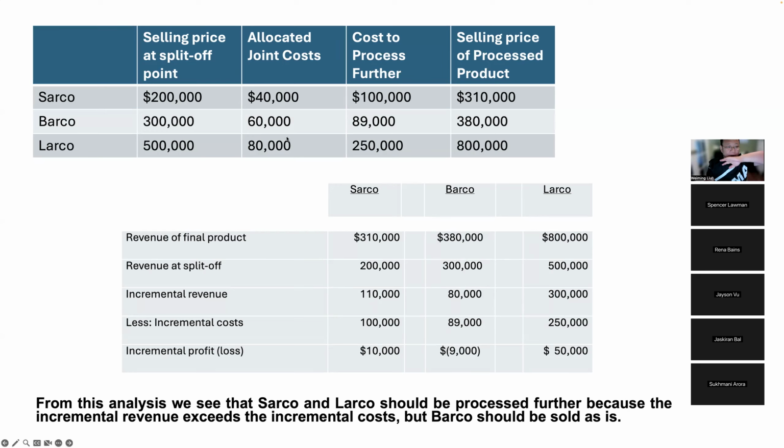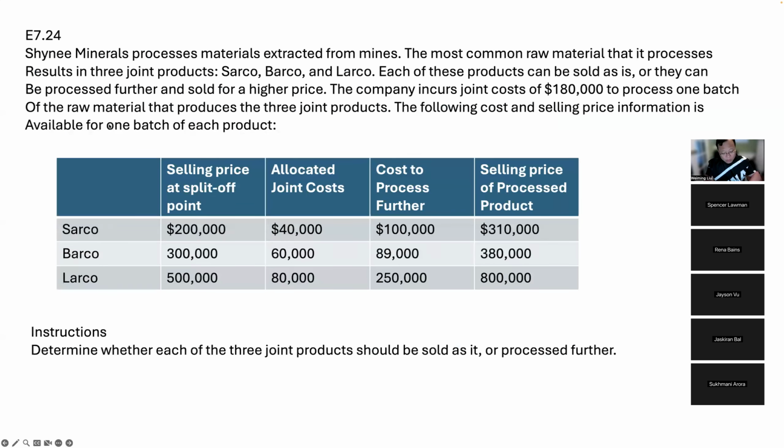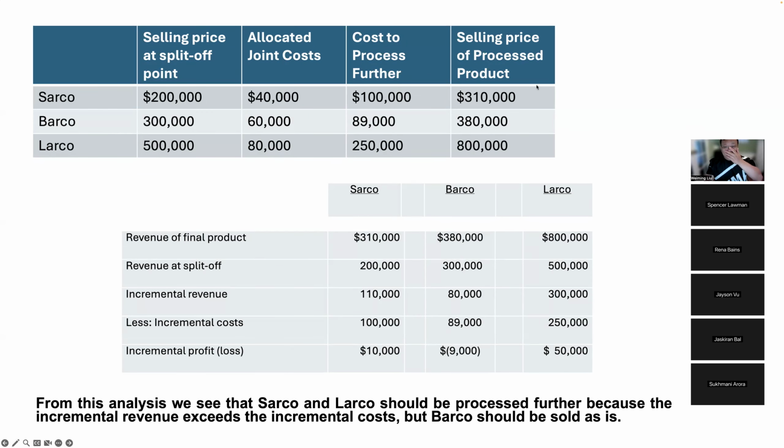For example, Starco, the price of the processed product is 310,000, but unprocessed the price is 200,000. So I take that difference, I get a $110,000 incremental revenue. So this is basically the benefit.